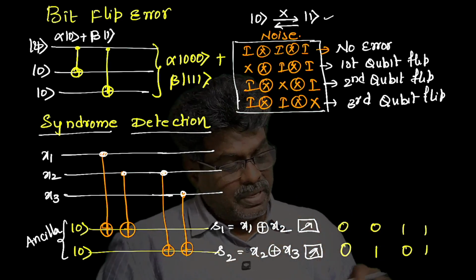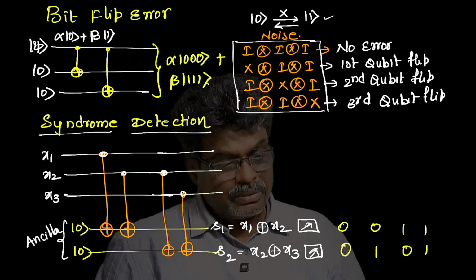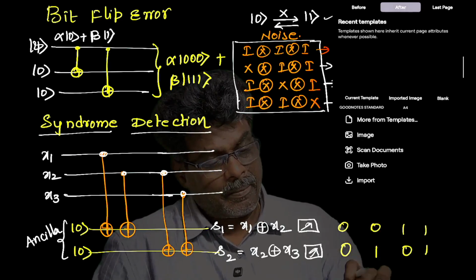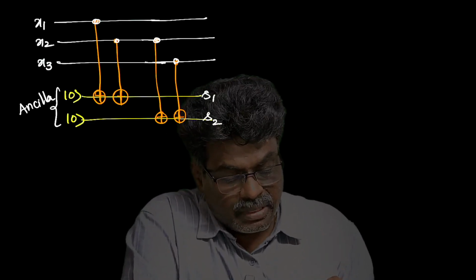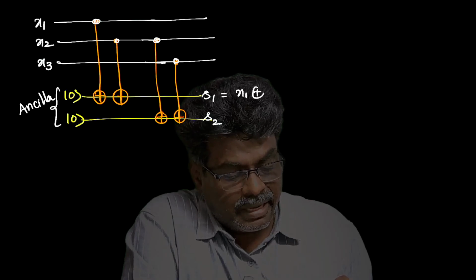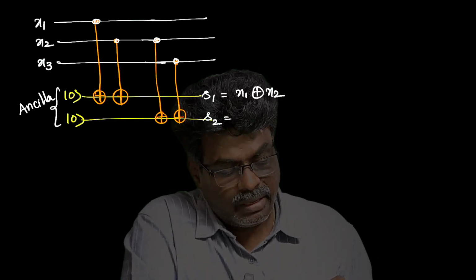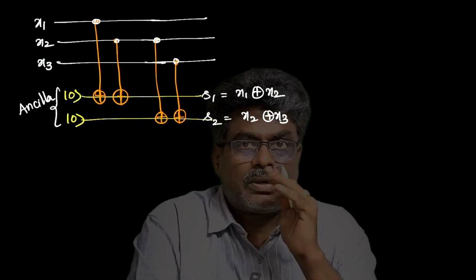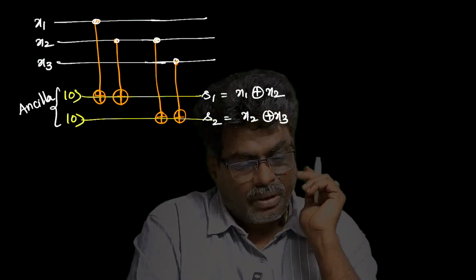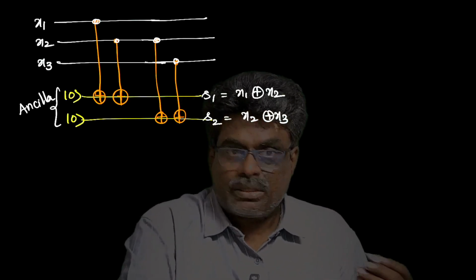If you want to get these S1, S2 values, once again, let me copy that circuit here. Let us see here. S1 is X1 XOR X2, and S2 is X2 XOR X3. So how to get this S1 S2? Let me take just a truth table.